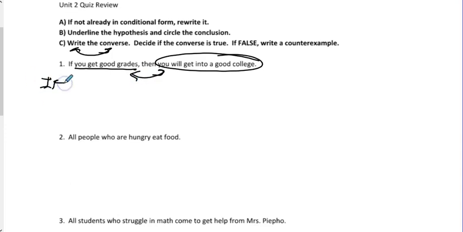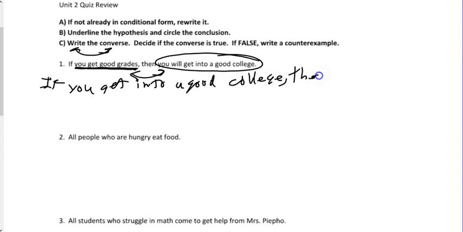If, notice I didn't underline if. That way I'm just switching this part. If you get into a good college, then you got good grades.